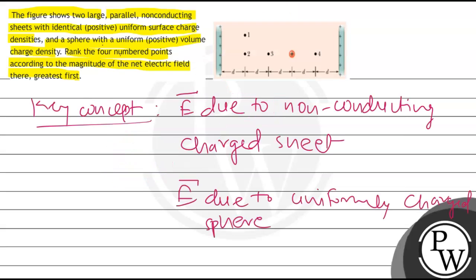Now let us answer the question. Here in the question we have been given 4 points, point 1, point 2, point 3 and point 4. We can see the electric field due to this sheet and due to this sheet. This is sheet number 1, this is sheet number 2. Let us redraw the diagram. Both of them are carrying the same surface charge density sigma.